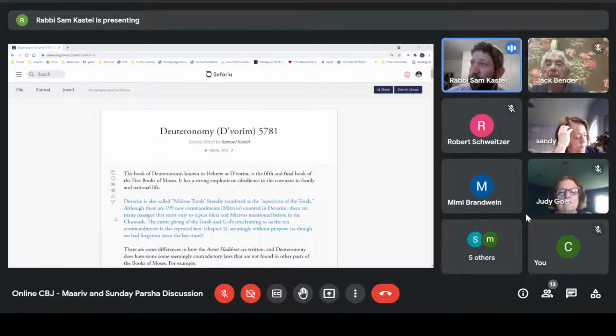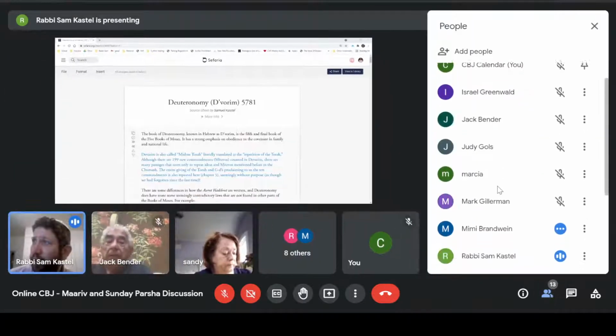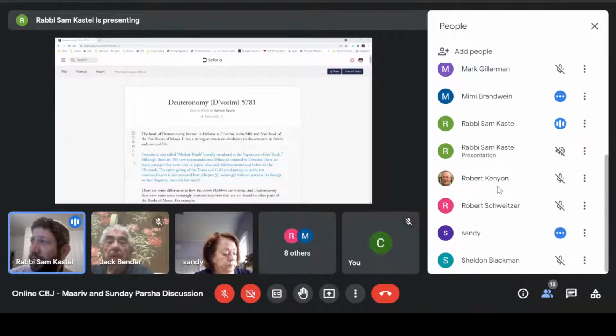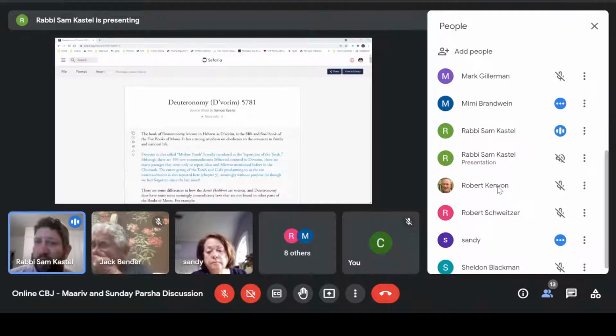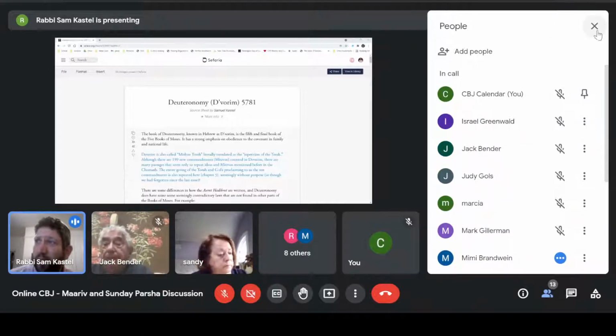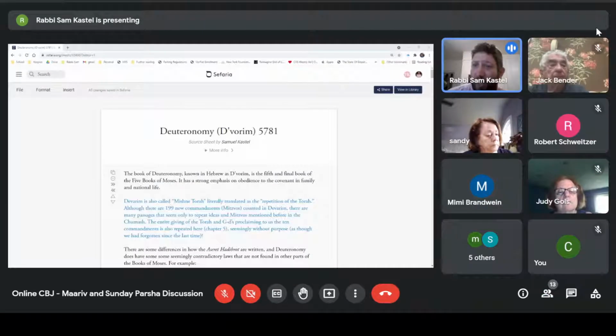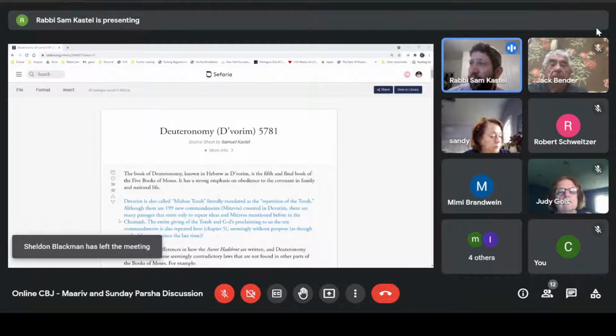Devarim is also called Mishneh Torah, not to be confused with the Rambam's work, also known as Mishneh Torah, which literally translated is the repetition of the Torah. Although there are 199 new commandments in Devarim, there are many passages that seem only to repeat ideas and mitzvot mentioned before in the Chumash and the other four books.